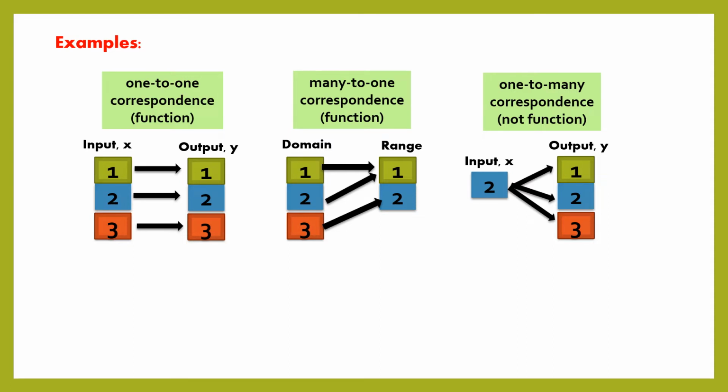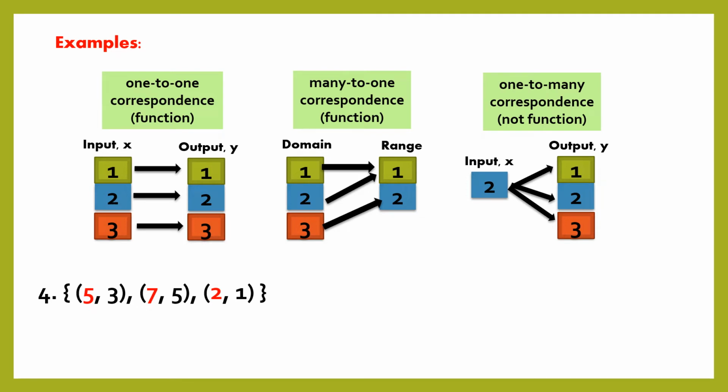Kasi kung makikita nyo dito, yung input natin ay 3 beses siya pair sa output. So kapag ganito ang given, this is not function. Kasi sabi nga natin, kinakailangan ang domain natin ay minsan lang. Hindi siya po pwedeng maulit.